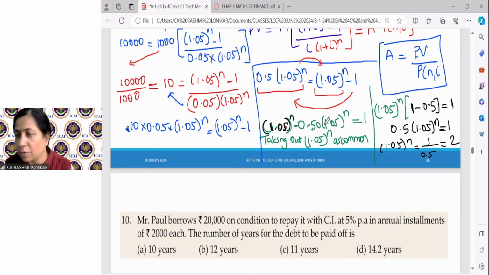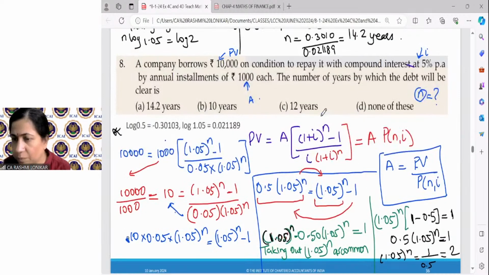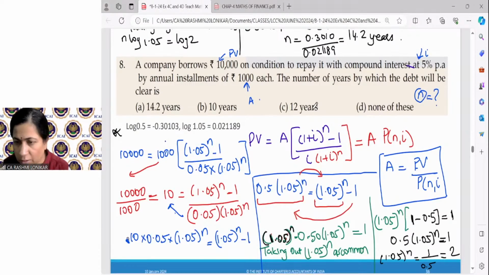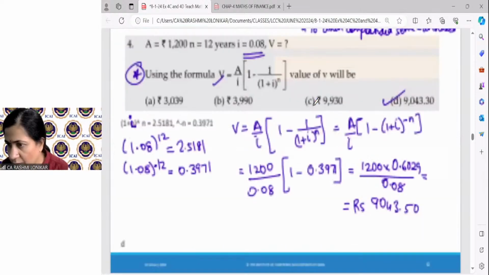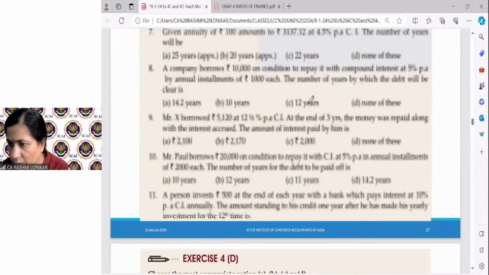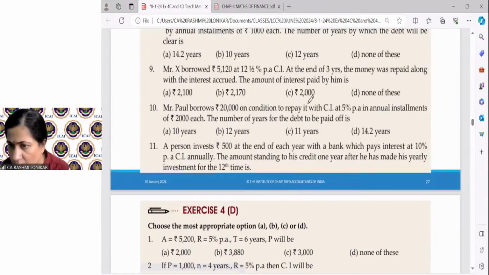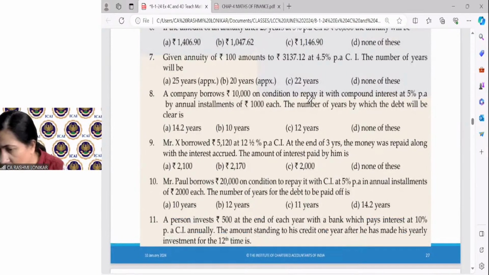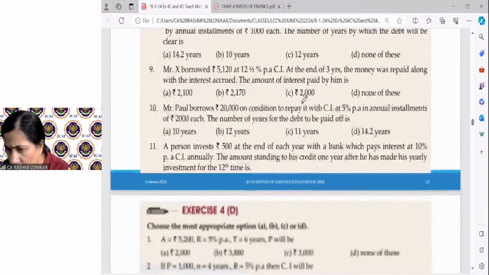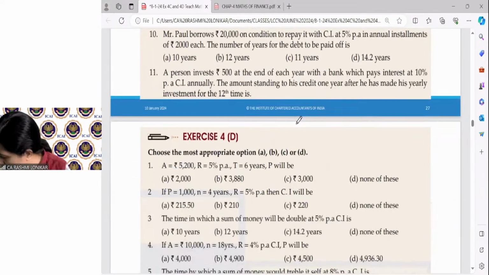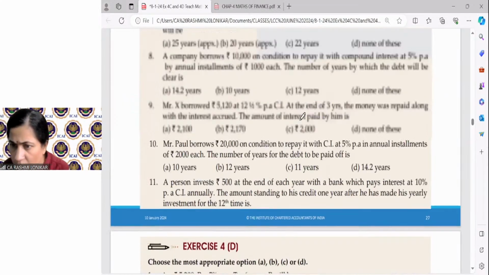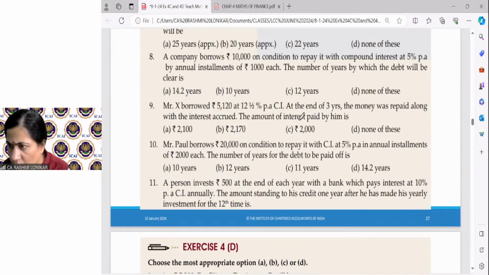Now, this being the case, I will tell you the shortcut also. See, here it is 14.2, 10 and 12. Let me see some place where I can write. This is the sum we are doing.